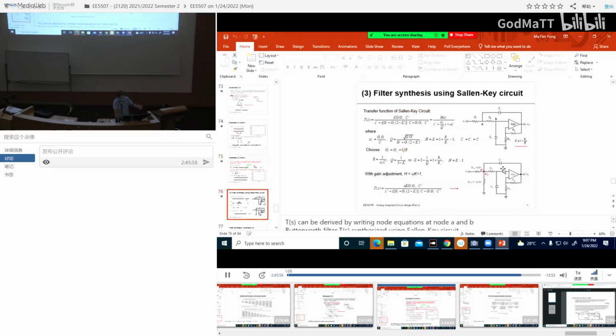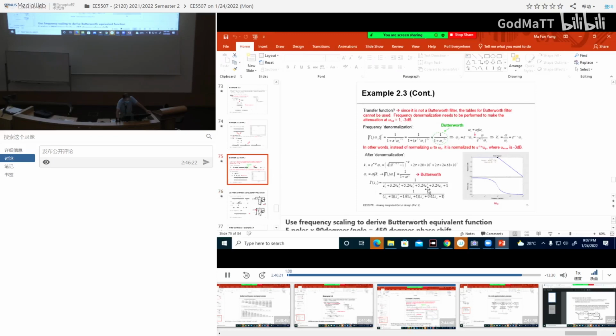Then from that we can now implement it using a known circuit which we call the Sallen-Key circuit. The Sallen-Key circuit will give you a transfer function which is a biquad, S squared. So that's why we break this up. This fifth order we break up into 2 S square and 1 SD.